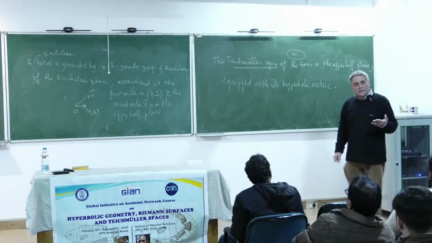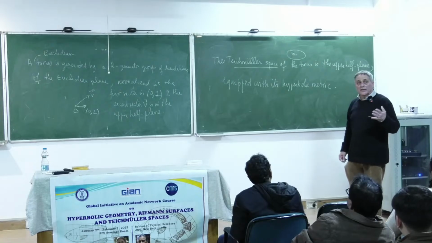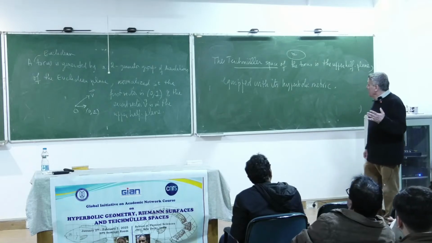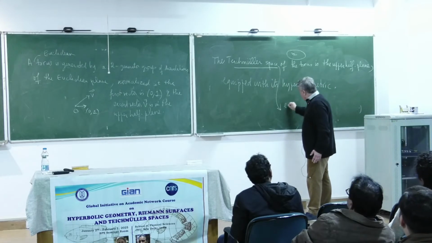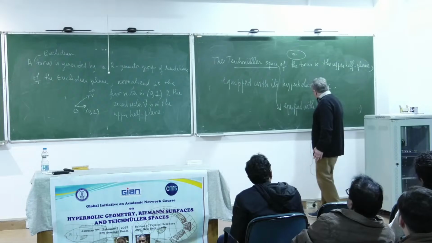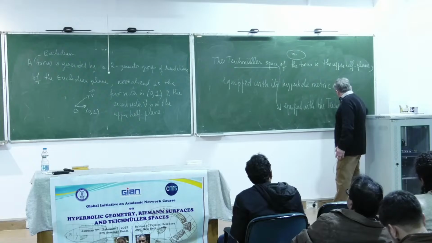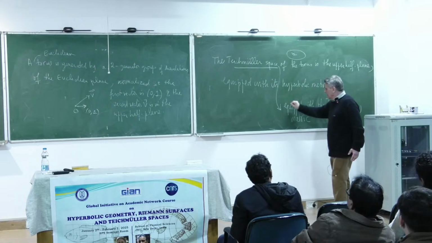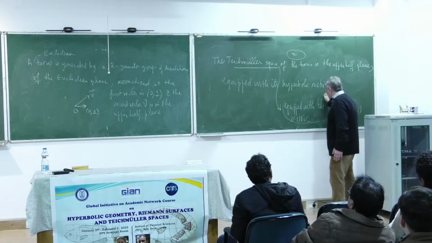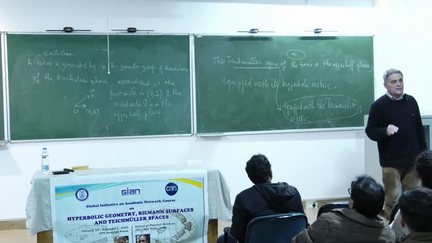The Teichmüller space here is equipped with a metric called the Teichmüller metric, which I did not tell you what it is, but this is a very important part of what I want to do. I will explain to you what this Teichmüller metric is.